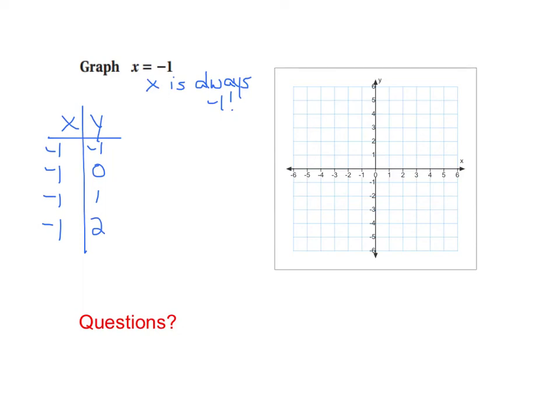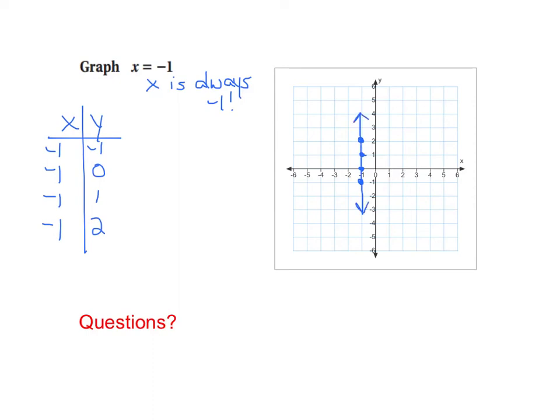So let's graph these 4 points. Negative 1, -1 is here. Negative 1, 0 is here. Negative 1, 1 is there. And negative 1, 2 is there. What happened? We got a vertical line, didn't we?